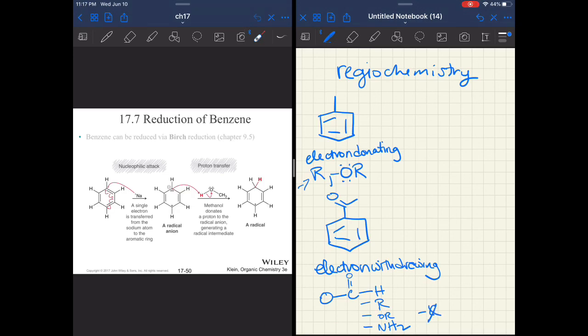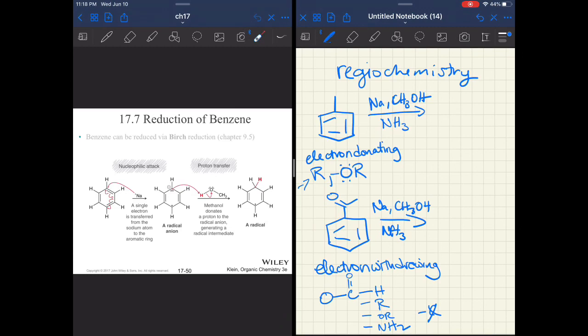The reason I'm breaking it into these 2 groups is because they come out with different products when you treat them with Birch reduction reagents. So let's jot these down real quick. That is sodium, methanol, CH3OH, and ammonia.